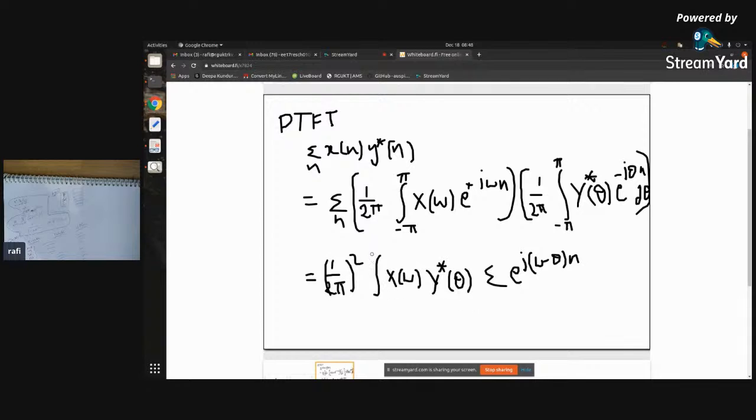This is a double integral, one with respect to omega, one with respect to theta, both varying from minus pi to pi, d omega d theta.